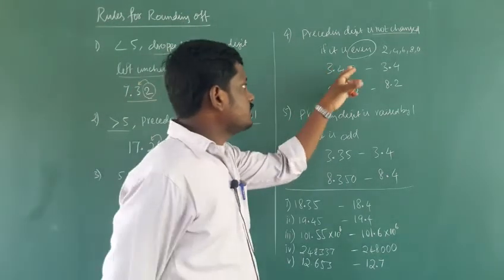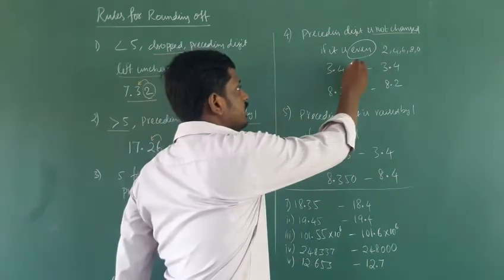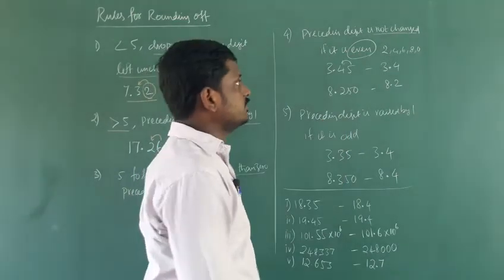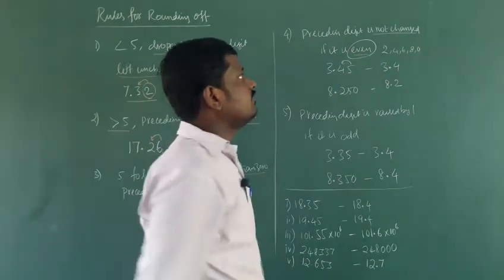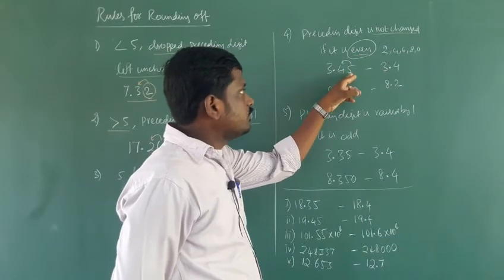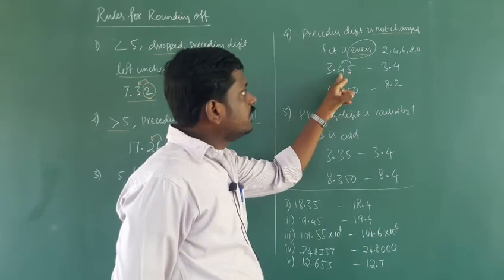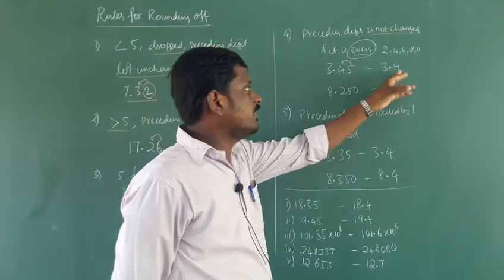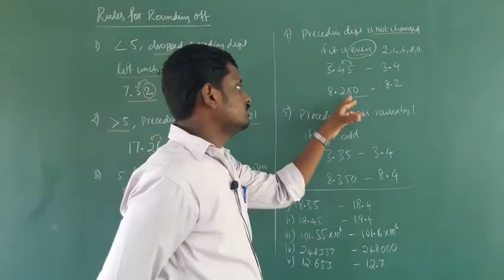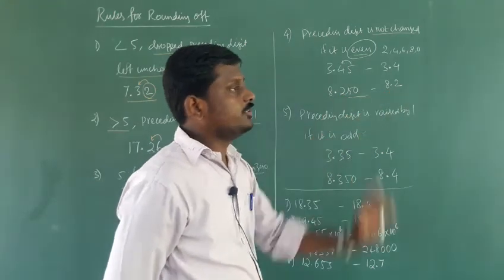The preceding number before 5 is 4, and 4 is even, so it is left unchanged, giving 3.4. Again I drop 5, the preceding number is even, so it's left unchanged, giving 8.2.